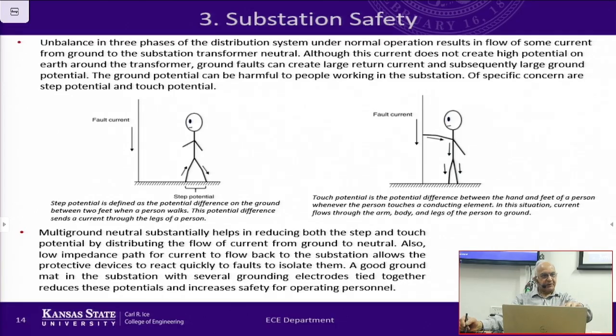It will protect individuals working in the substation against these two situations, the step potential and touch potential. So again, this is a very top level overview. I'm not going through any kind of calculations or details. This is just to give you a brief overview. Now, if you are interested, of course, there are a lot of textbooks available, and also the IEEE standards talk a lot about that.